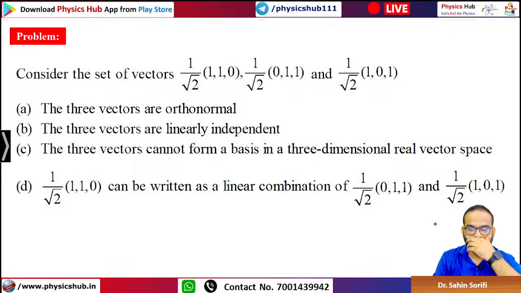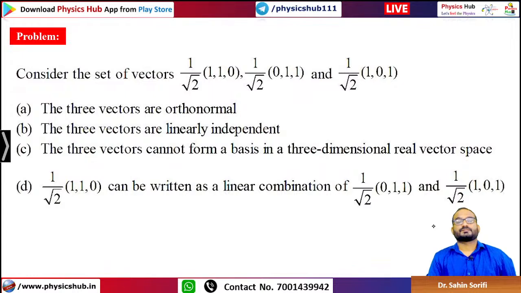Are they orthonormal? Look, they are normalized, right? You consider the magnitude is 1. Here the magnitude is 1.